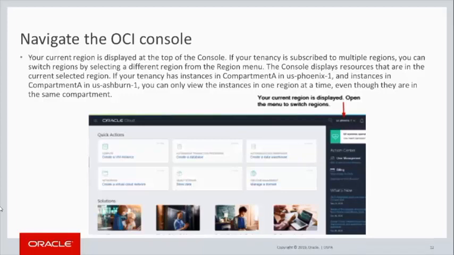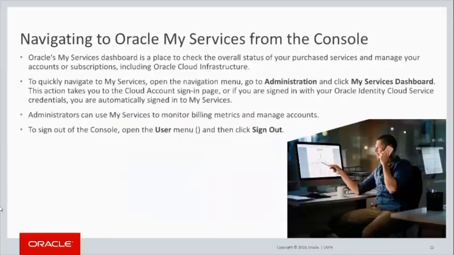So if your tenancy has instances in Compartment A in US Phoenix 1 and instances in Compartment A in US Ashburn 1, you can only view the instances in one region at a time, even though they are in the same compartment.